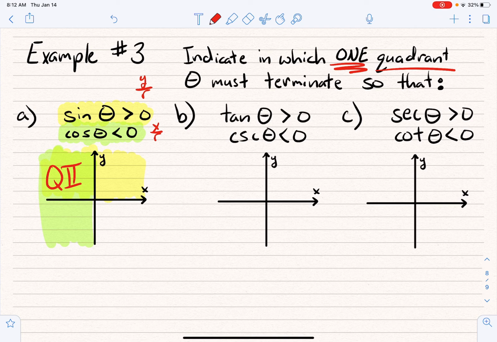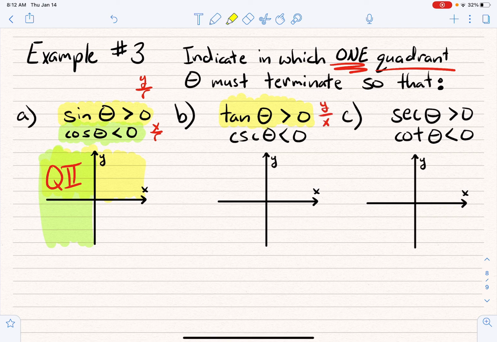All right? So everybody take a look at this next one and see if you can figure it out. It says tangent theta is greater than 0. What does that mean? It would mean that tangent theta is positive. And cosecant theta is less than 0, so that is to say that cosecant theta is negative. Now we know that tangent theta is positive when they have the same signs, because remember, tangent theta is y over x.